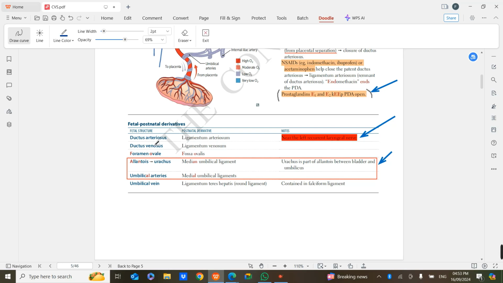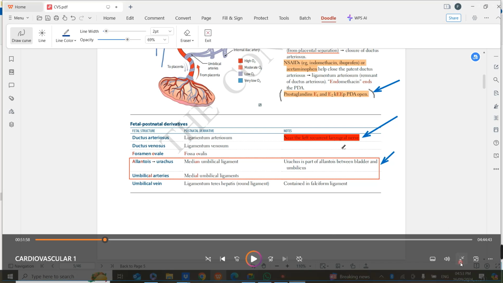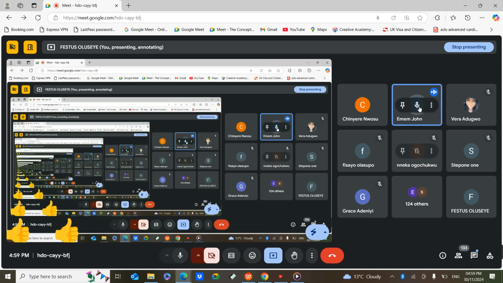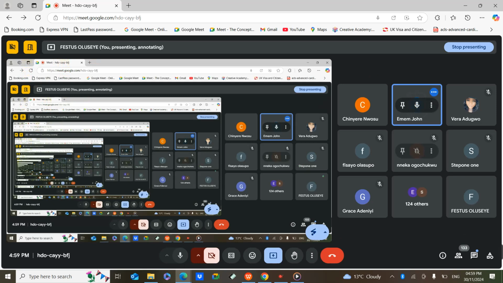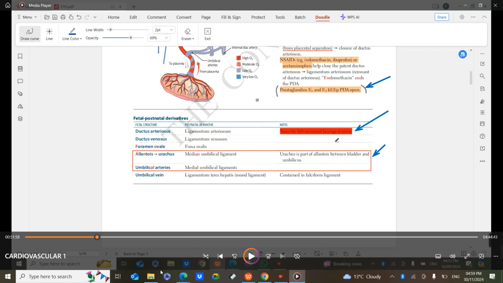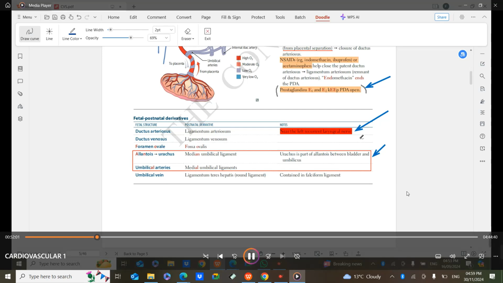So remember the nerve that winds round the ductus arteriosus: the left recurrent laryngeal nerve. I arrowed it again because you will be tested on it.